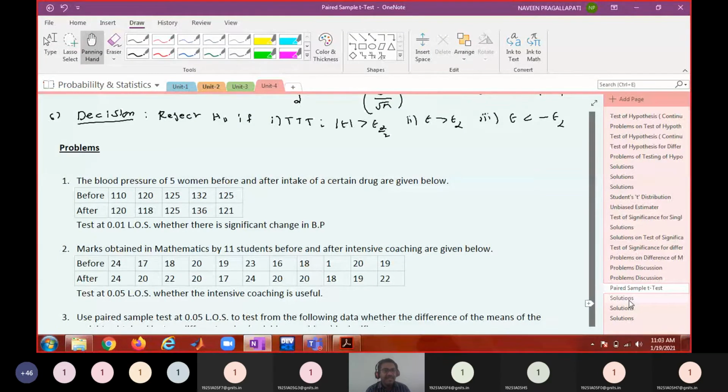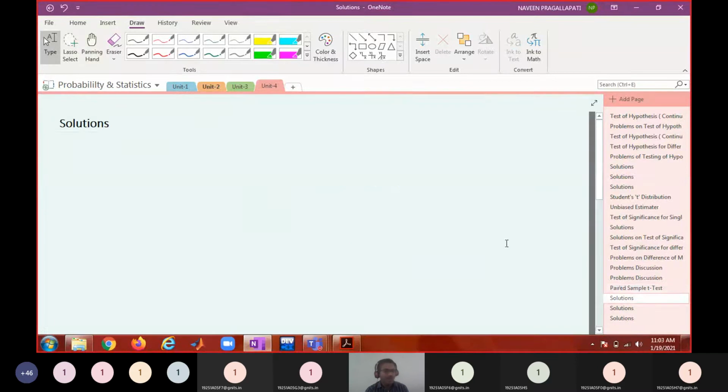So from this, what are the signed differences? So this is the data.